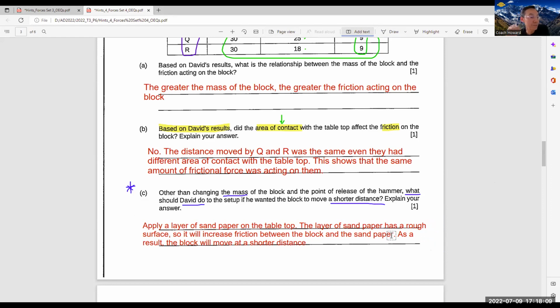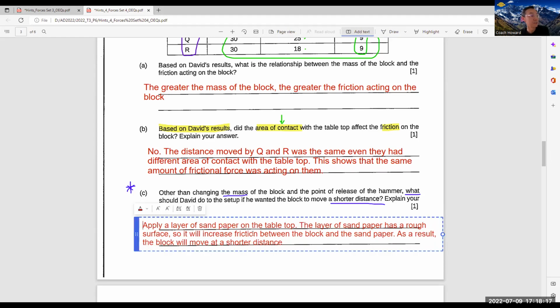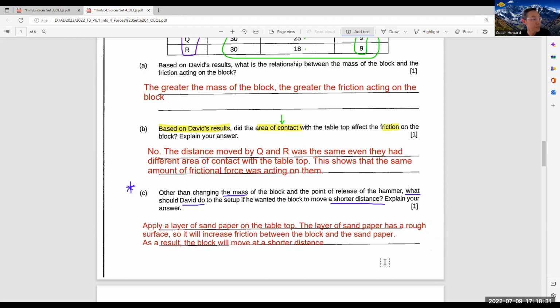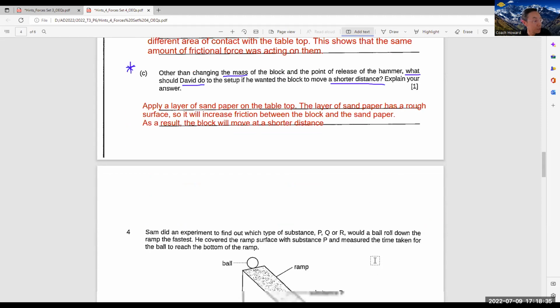The layer of sandpaper has a rough surface, so it will increase friction between the block and the sandpaper. As a result, the block will move a shorter distance. Okay, this part will increase the friction. So you take note of this.